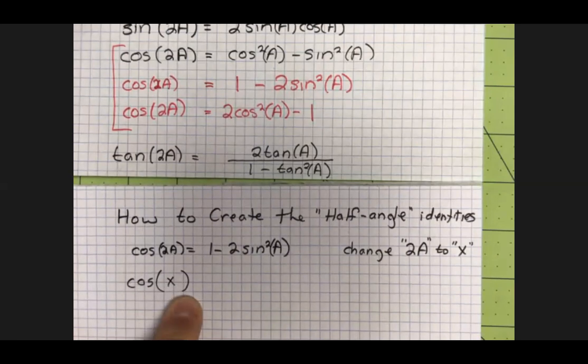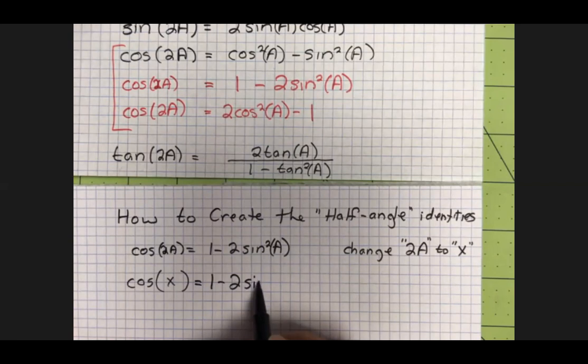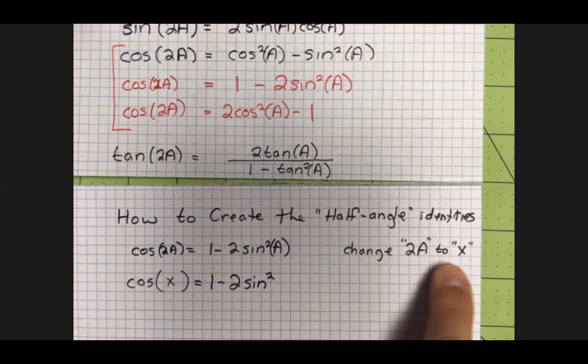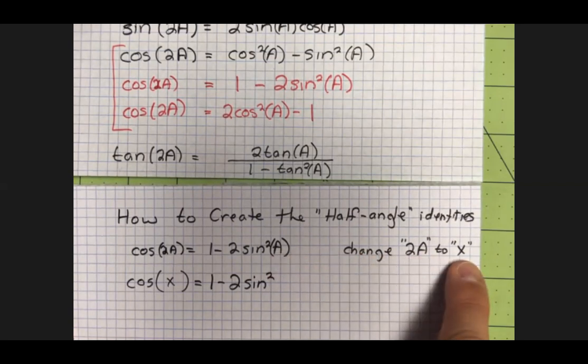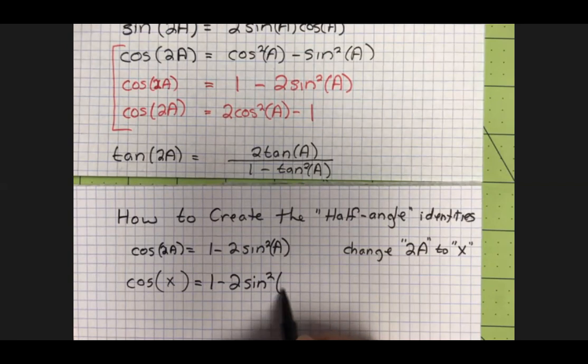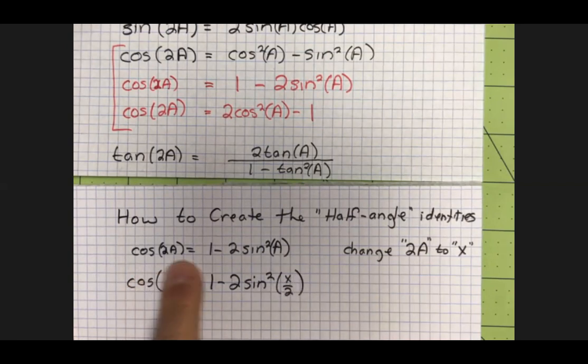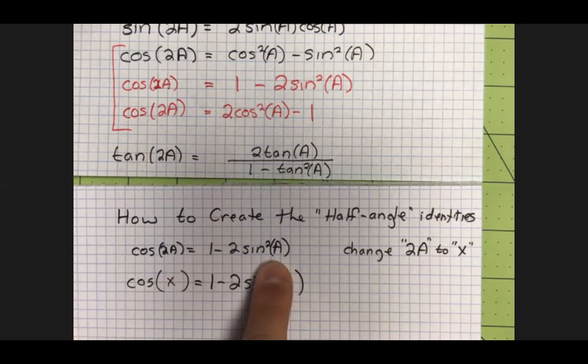Cosine of x, 1 minus 2 sine squared. Now, if 2a is equal to x, that means a is equal to 1/2 x. See, that's what I said. This formula you call a double angle formula, but you could just as easily call it a half angle formula.